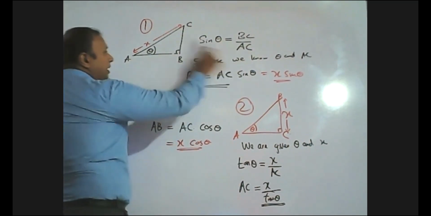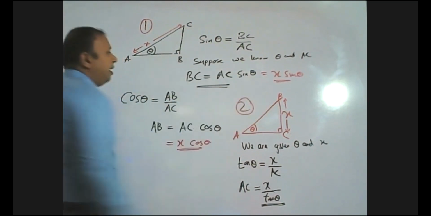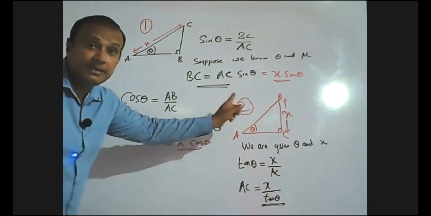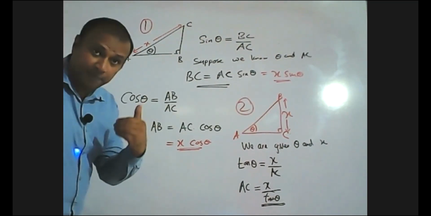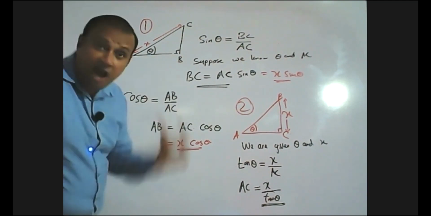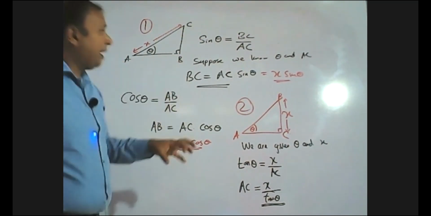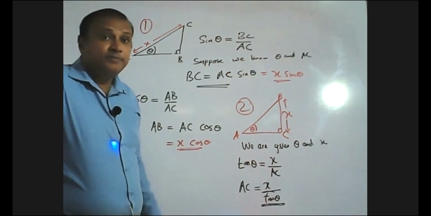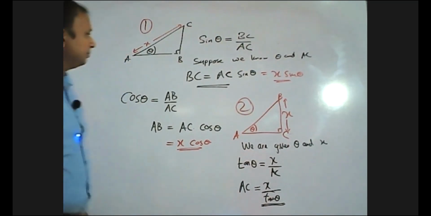BC is equal to AC sin theta, and AC is equal to X, so BC is equal to X sin theta. If theta is 30, sin 30 means half, no? So I can use that value to calculate the value of BC. Okay. Understood.